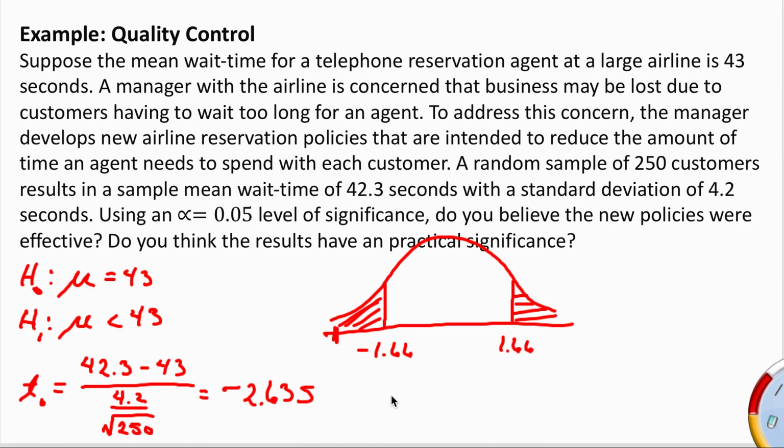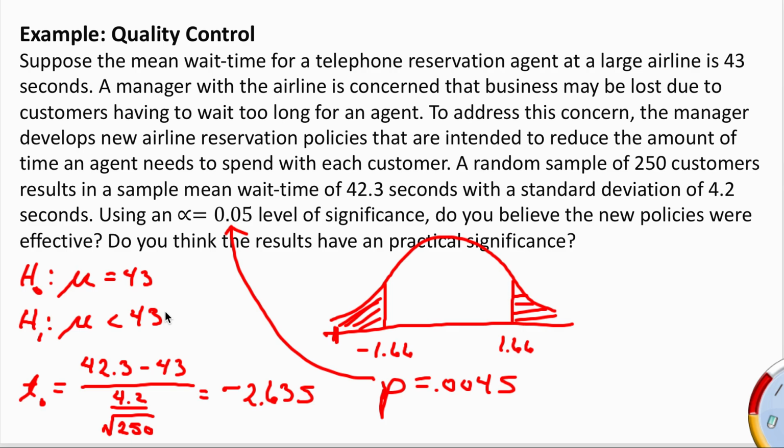So I get that p is 0.0045, which again is considerably less than 0.05. So it is very unusual, unlikely. Less than 1 time out of 100 this would happen. So there is sufficient evidence to suspect that the mean wait time is actually less than 43 seconds now.